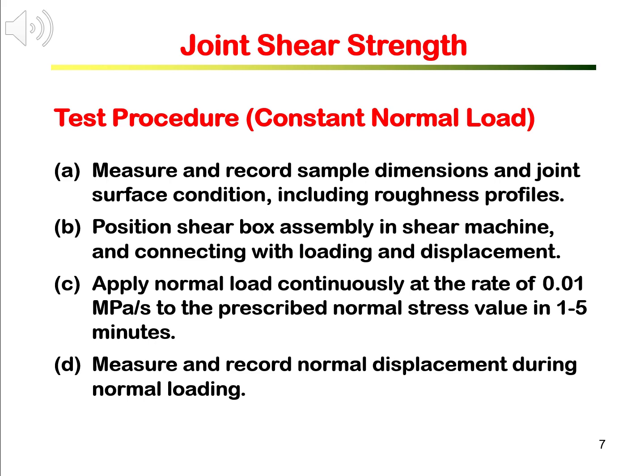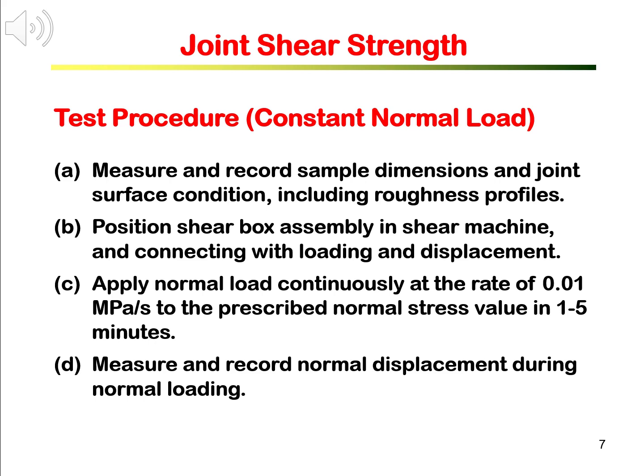Now you can apply normal load to the prescribed normal stress for the test. The normal stress should be applied continuously at a rate of 0.01 MPa per second. This is to achieve the desired normal stress in 1 to 5 minutes.